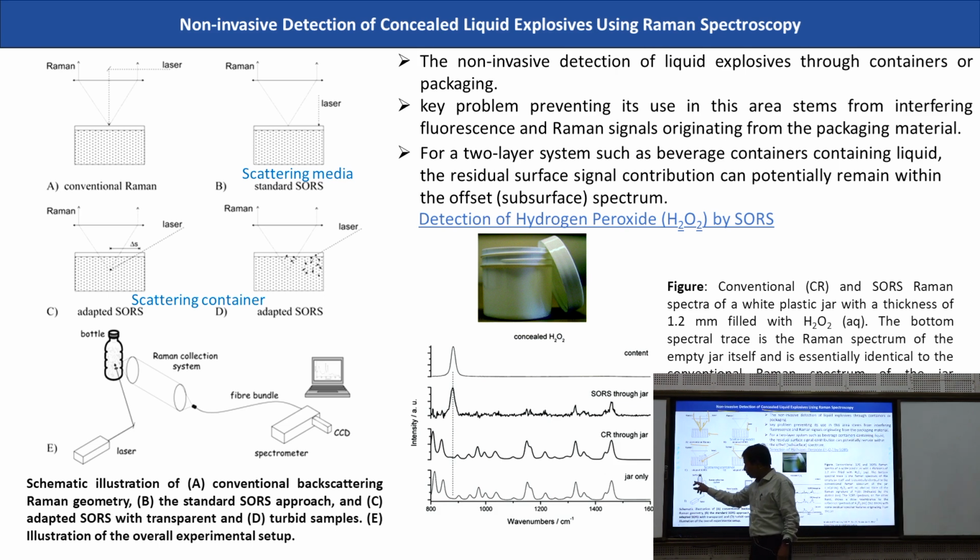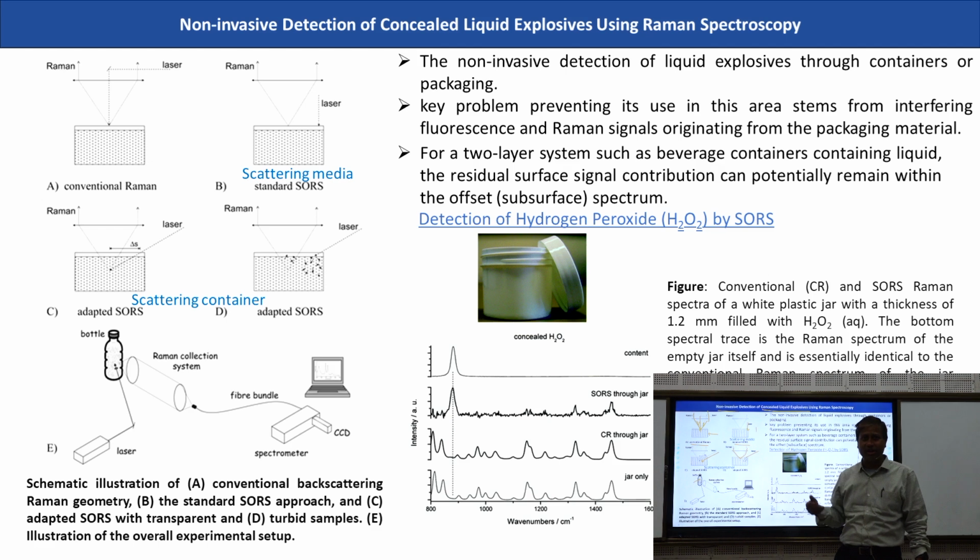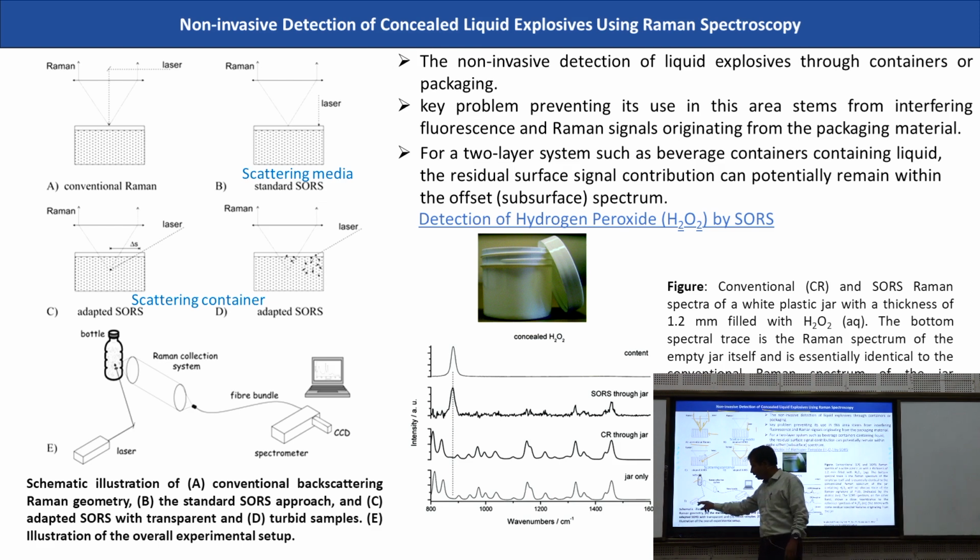So in a bottle, if you have some substance and somebody wants to know whether it is explosive, particularly in this study whether it is H2O2, then this laser is exciting it, and there is a collection point, and then a fiber optics cable goes to the instrument.